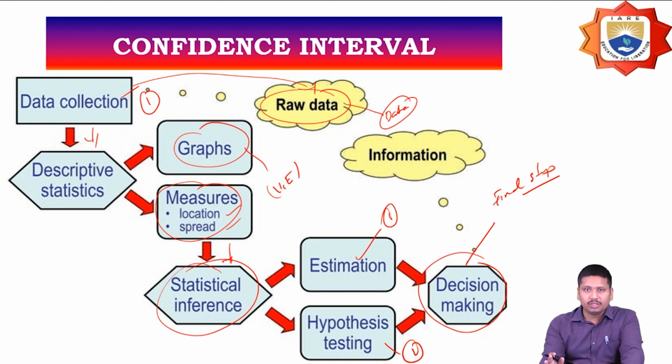That data is subjected to descriptive statistics, done through graphs or through measures, and these measures are subjected to statistical inference. From this inference, we again perform two steps, estimation and hypothesis testing, in order to make the decision.